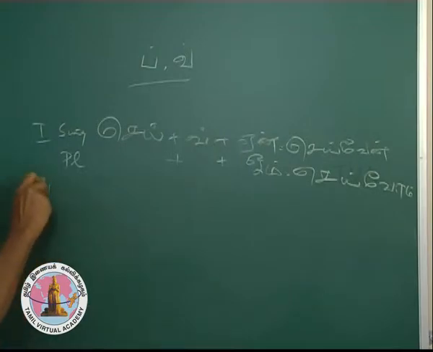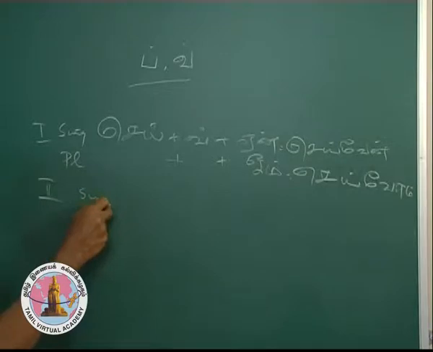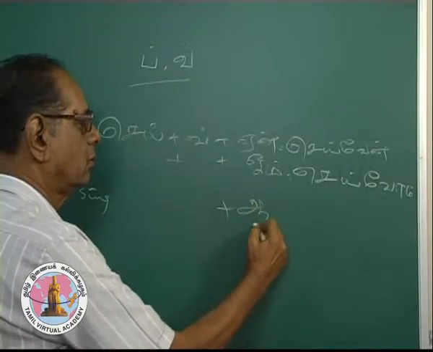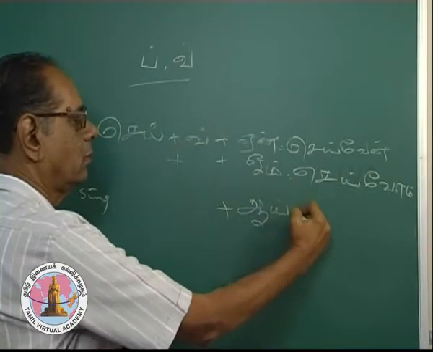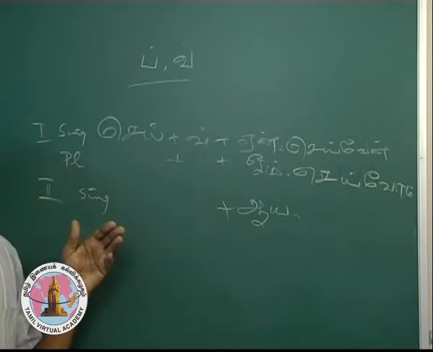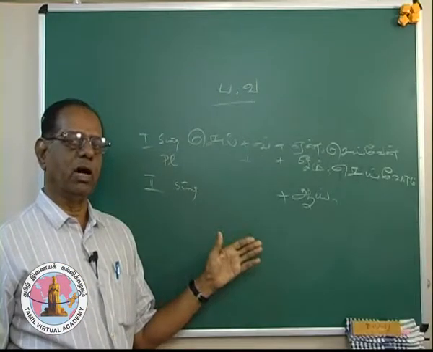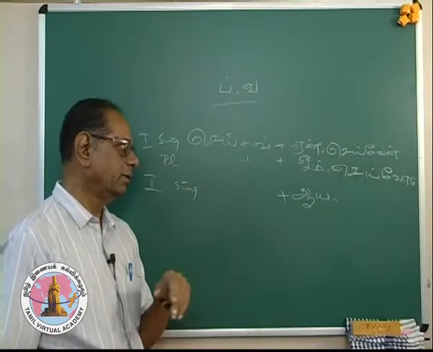And then we go to second person. Second person singular will have "ai". Second person singular marker is "ai".